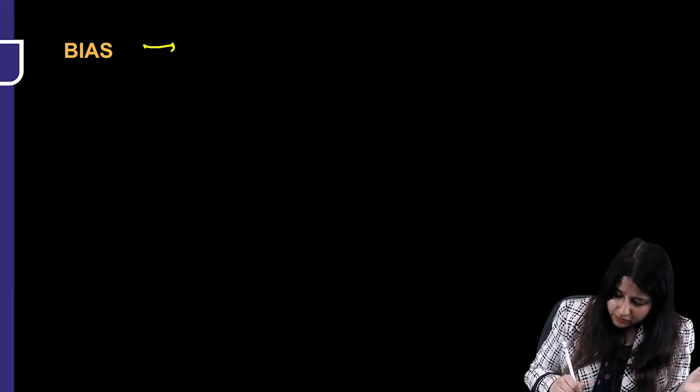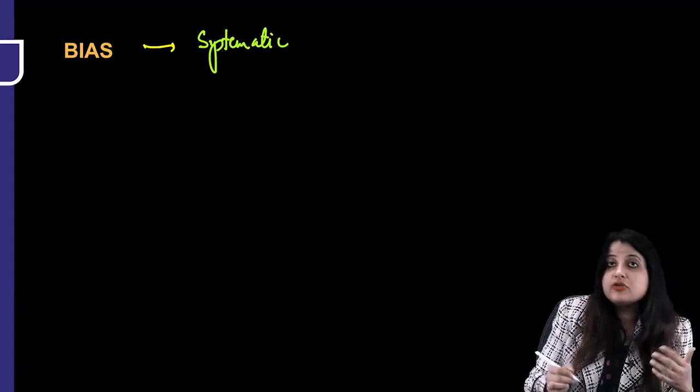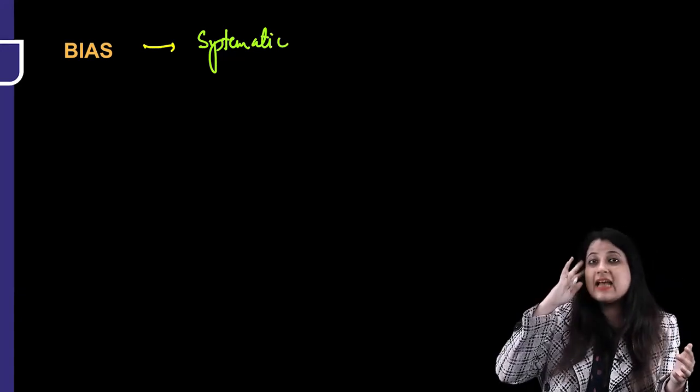Next error is bias. So, always remember, what is bias? It is a systematic error. It doesn't happen by chance. It's actually occurring.